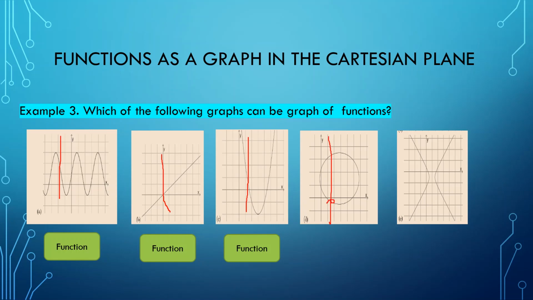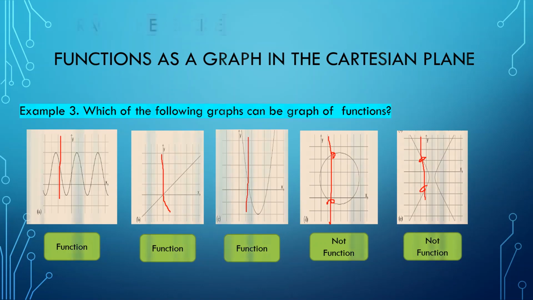Obviously, this is not a function since the vertical line intersects the graph at most 2 points. Therefore, not a function. And last one, letter E. This is not a function since it intersects the graph at 2 points. Therefore, not a function.